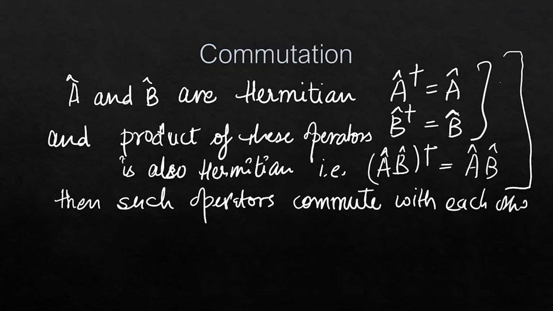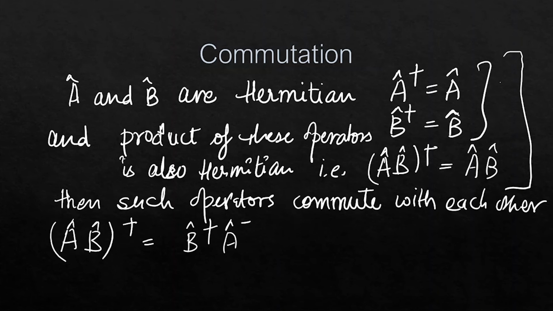We can prove it also. Starting with (AB) adjoint, we can use the multiplication rule: we just have to reverse the order and then take the adjoint of the individual operators.